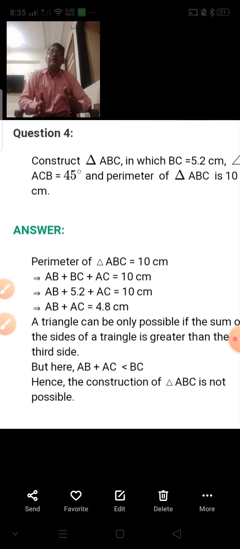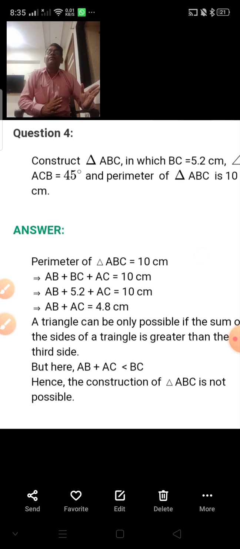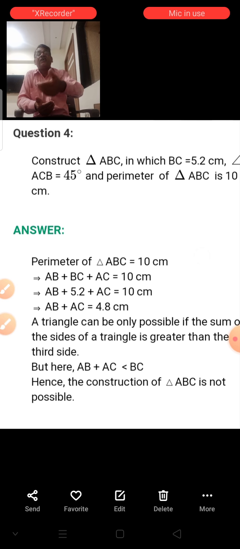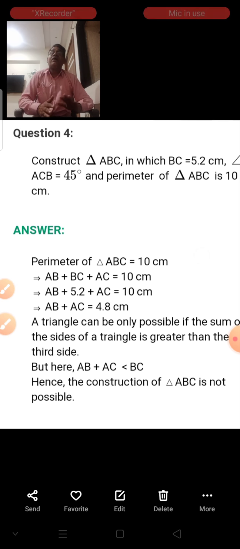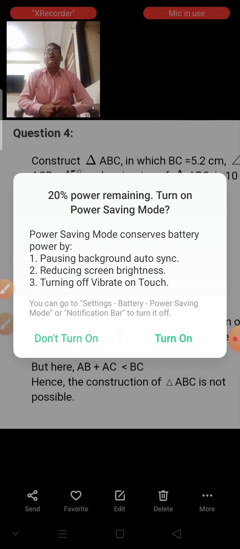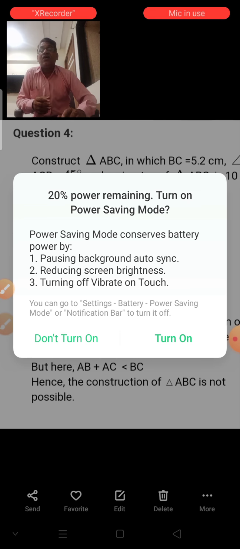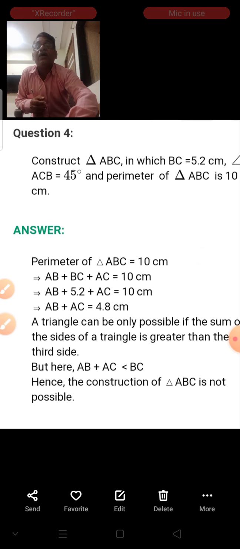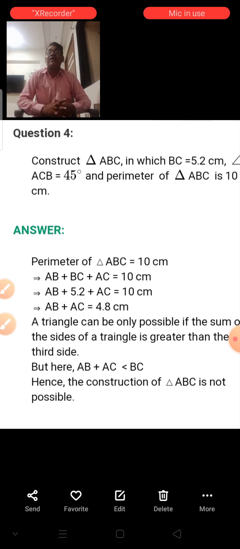Okay, and similarly in 9th A and 9th C also, the subject teachers are different. When they ask you to submit today's assignment separately, then you have to submit that assignment to the subject teacher. This is for internal assessment, not oral.